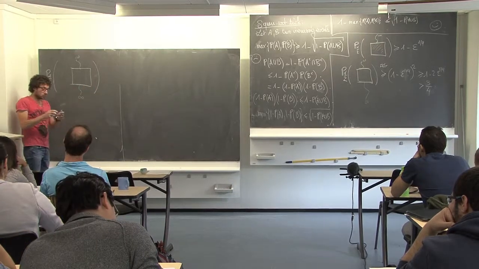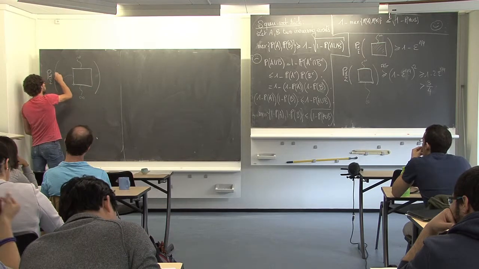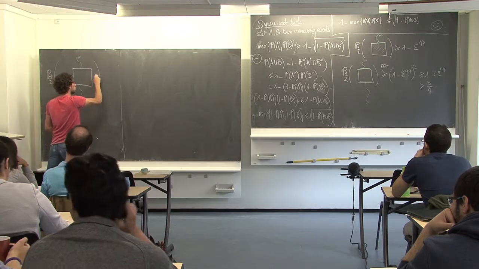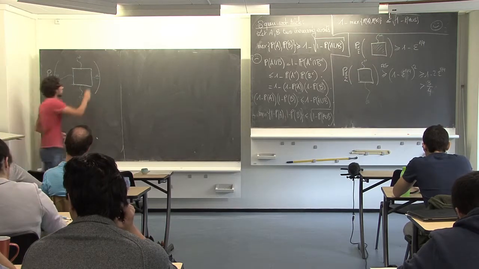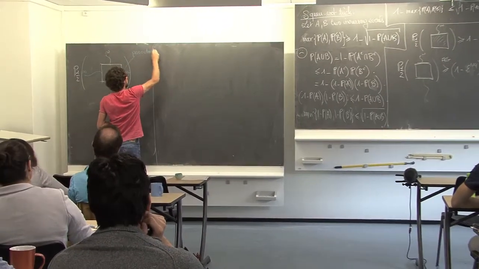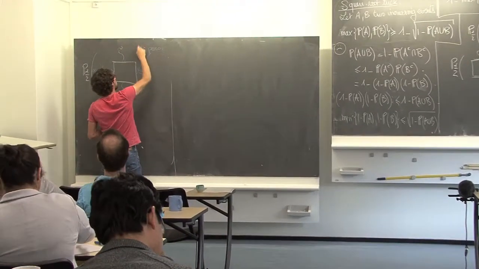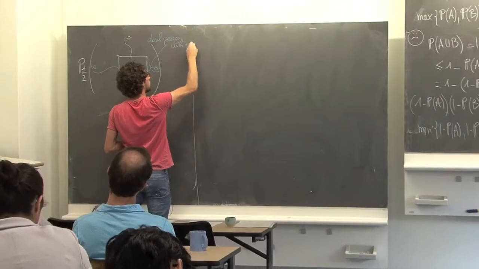But with probability 3/4, I also have that this guy is connected in the dual to infinity and this guy to the dual to infinity. Because it's also a percolation of parameter a half. So it's dual percolation, sorry, with parameter half.